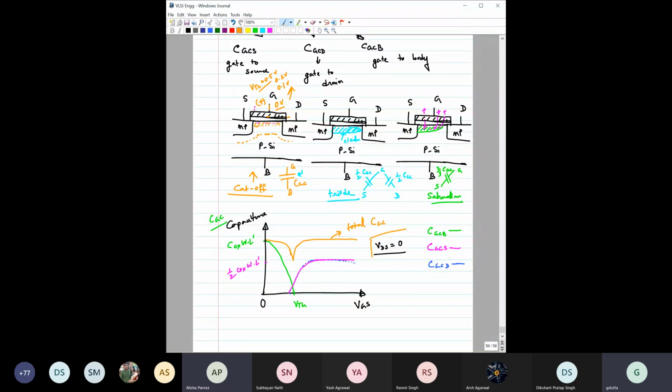But please keep in mind that we have considered VDS equal to 0 here. Is this part clear to you, like how the gate to channel capacitance would behave when there is no VDS?